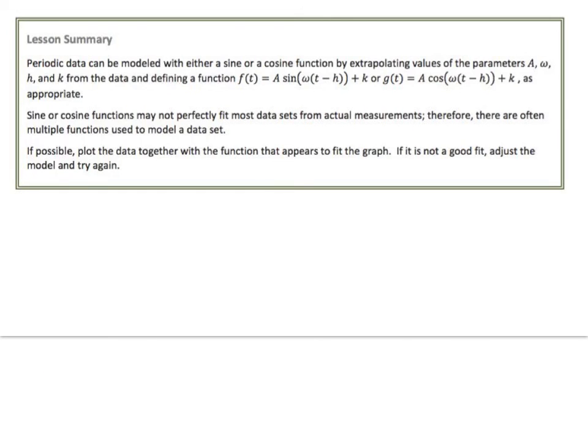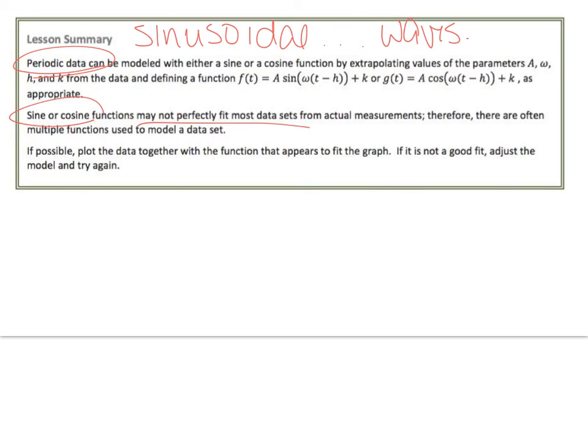Okay, lesson summary. Periodic data, we've been talking about it. They've been calling it sinusoidal data, as far as waves go. Sine or cosine functions may not perfectly fit most data sets, but that's where we learn to use multiple functions to model a data set, linear and sinusoidal.